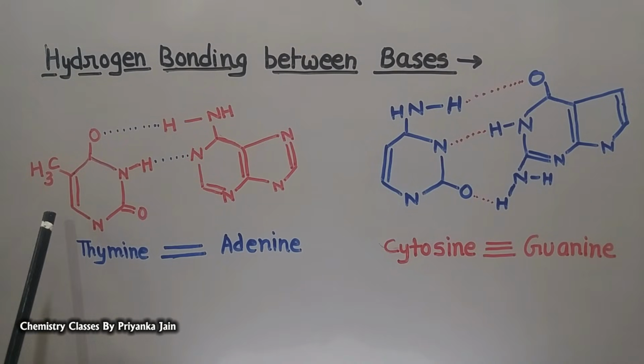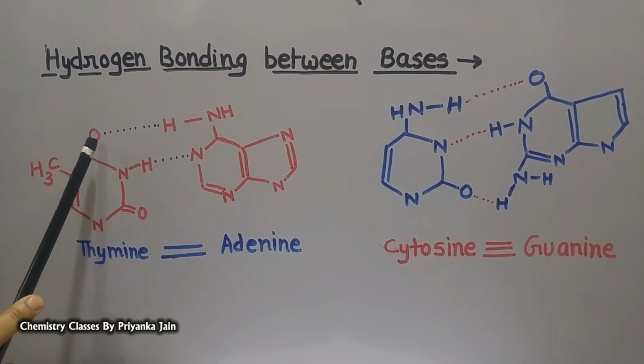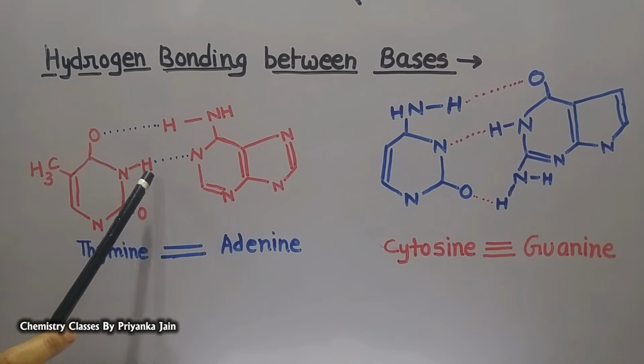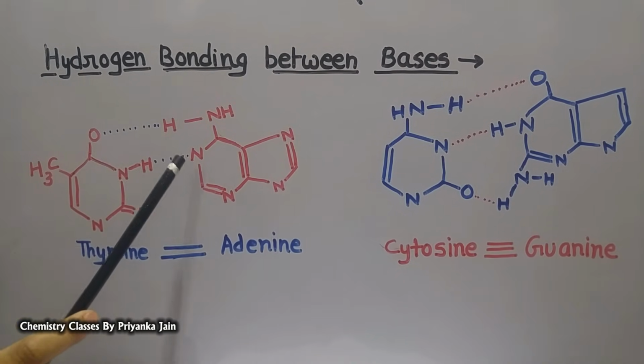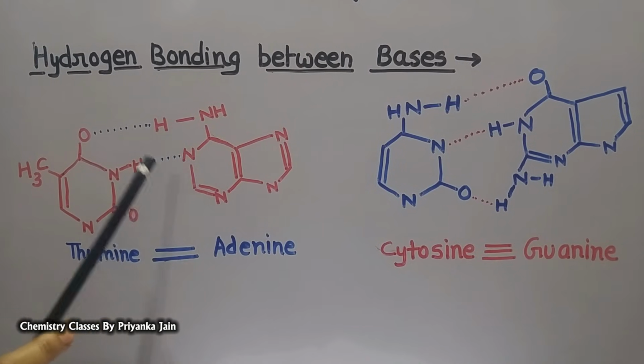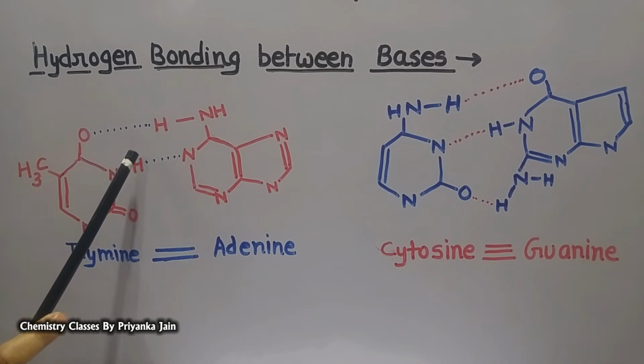This is the structure of thymine and this is the structure of adenine. As you can see, this is the oxygen and this is hydrogen, and there is a hydrogen bond between them, while this hydrogen makes a hydrogen bond with this nitrogen, because a hydrogen bond can be formed between an electronegative atom and hydrogen.